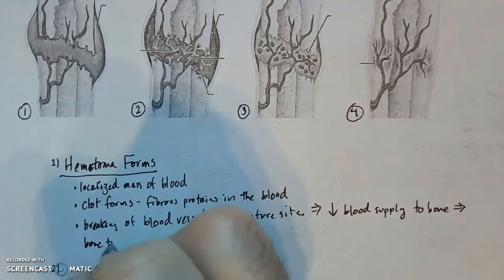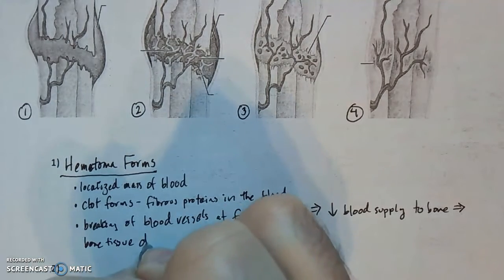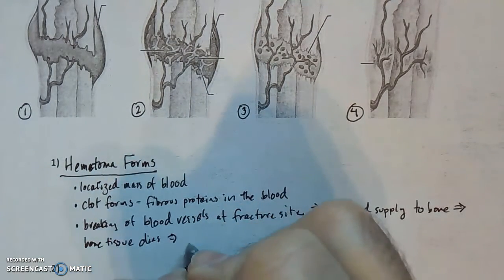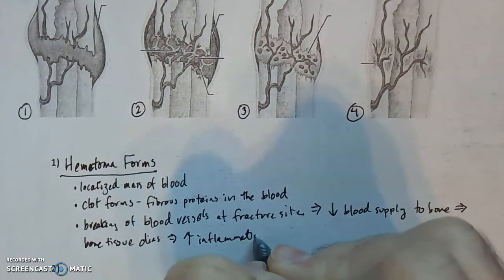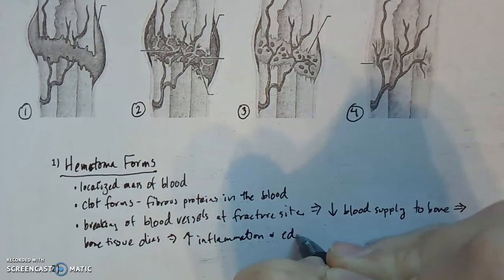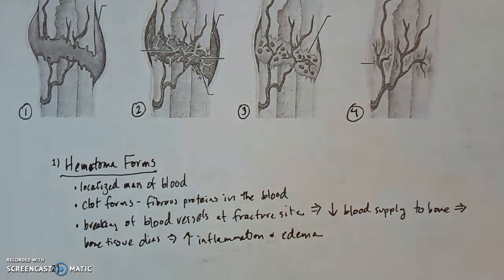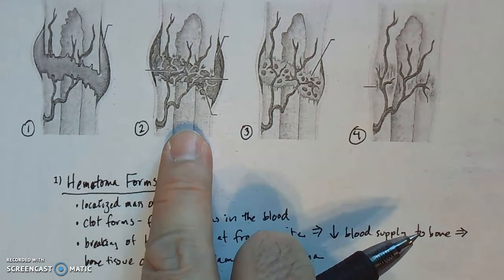Some of the bone tissue dies, which increases inflammation and edema. If you remember, edema is swelling. So there is going to be a little bit of death of the bone tissue. And that leads us to part 2 here.